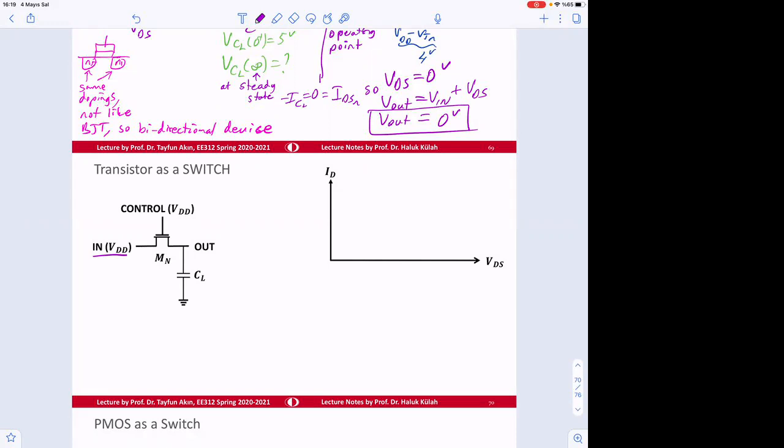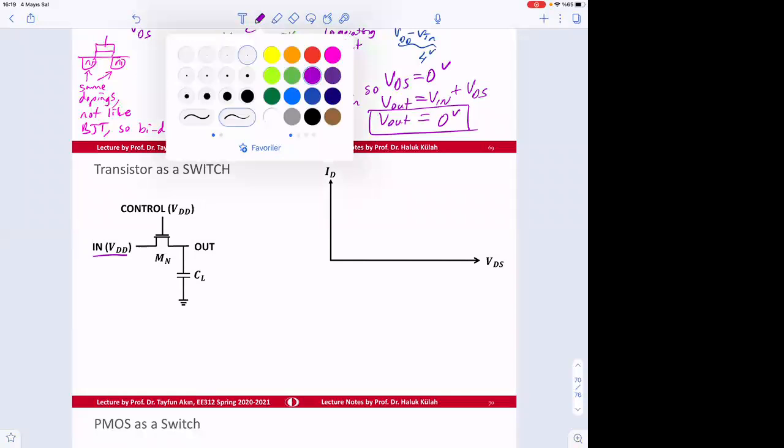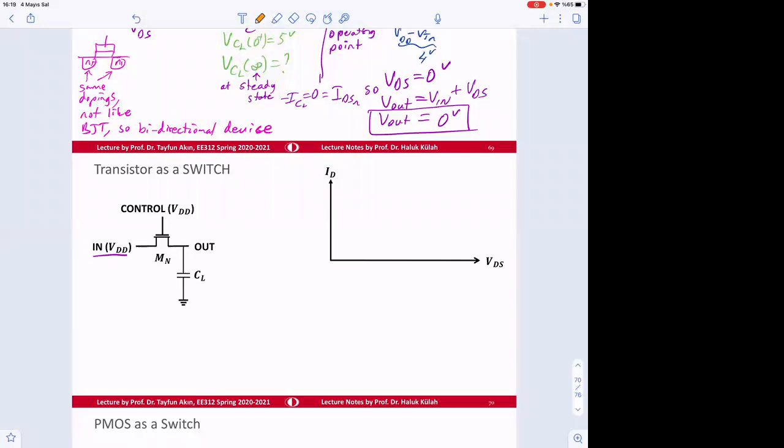Now, if we want to transfer a high voltage, we can still make the same argument. What is the same argument? The same argument is that we will be assuming that VCL is at the other extreme. VCL initially at 0 volt.